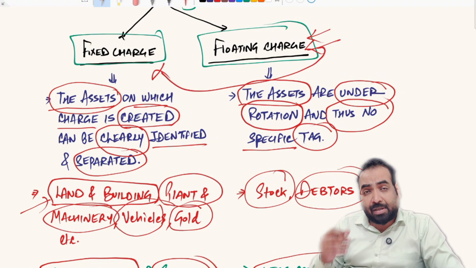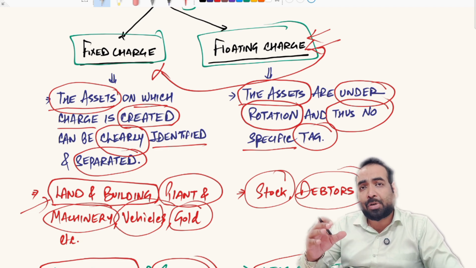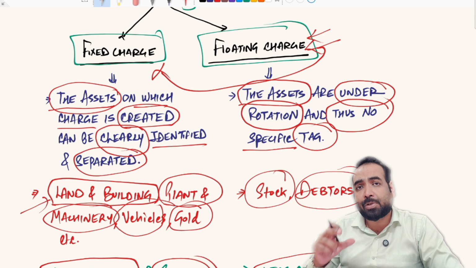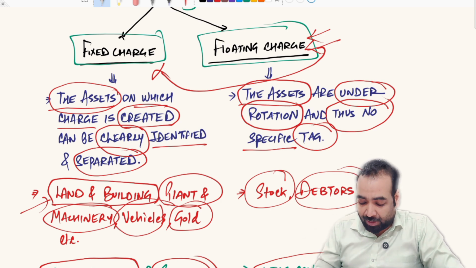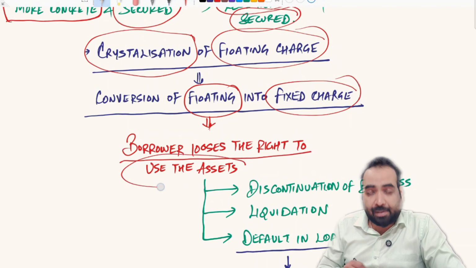If the floating charge is crystallized, the t-shirts are now tagged to you. The borrower cannot use these t-shirts to sell in the market. So the borrower loses the right to use these assets.